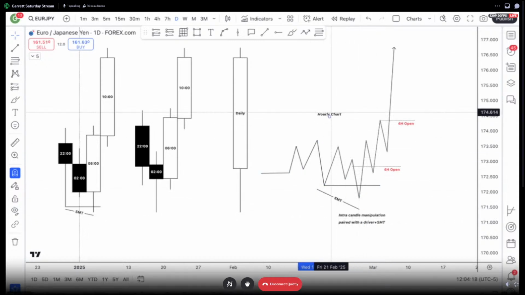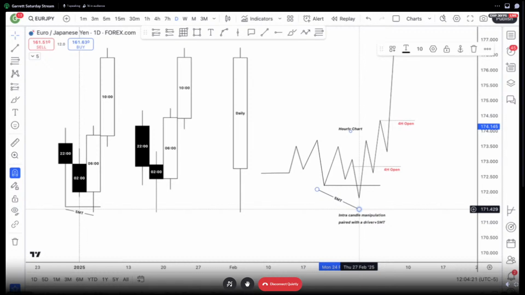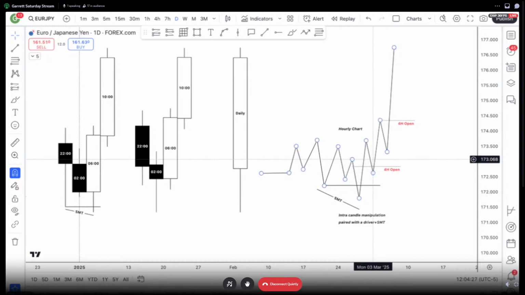Mind you, this is the hourly chart as well. We're going to pair that with a driver or just a session. This is London session. Then we're going to pair it with drivers later on for continuation away from here. But yeah, that's just a general breakdown. There's other ways, if we don't get this for continuation.